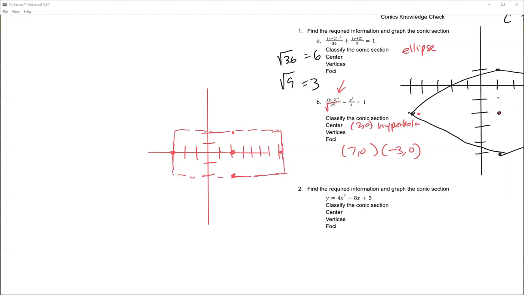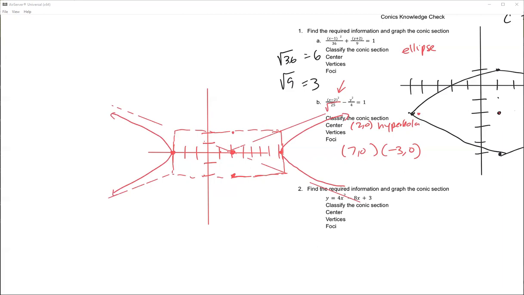And you may want to do something like this, and do something like that. All right, those are your asymptotes. And remember, you're drawing them along the x-axis because that's the major axis. So you're just going to draw them here and here. Okay.